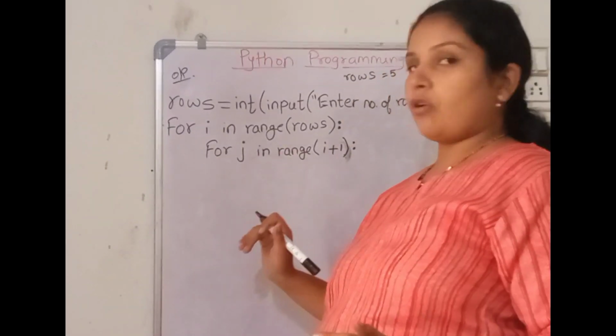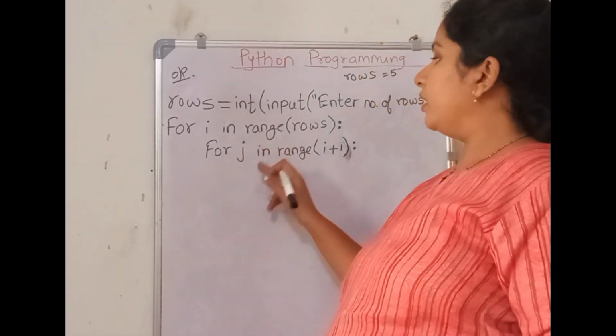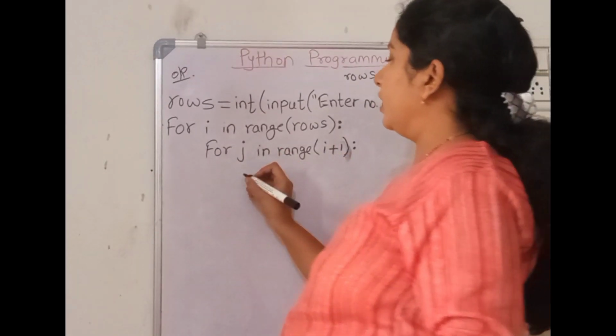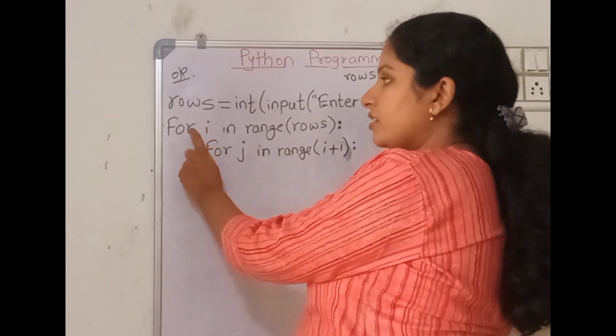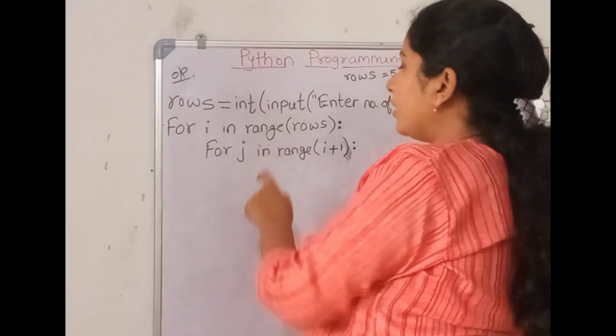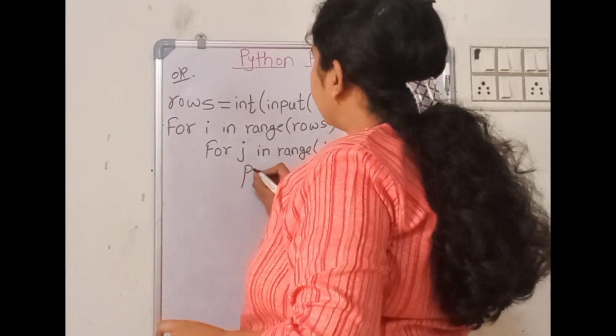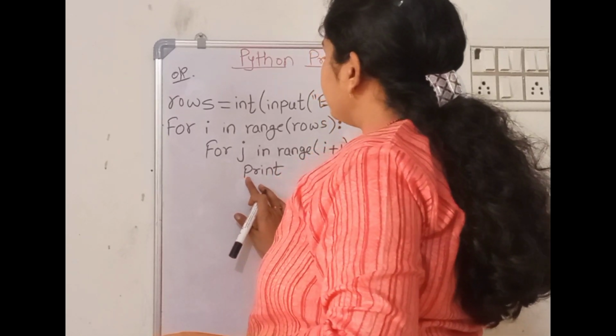After this j for loop, now you are ready to print the asterisk. Okay, here in this loop we are printing. Again, this is one indentation block. After entering i, you are entering j. After that, you are printing the value. What are you printing here?